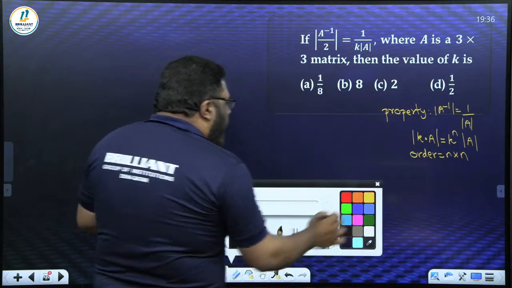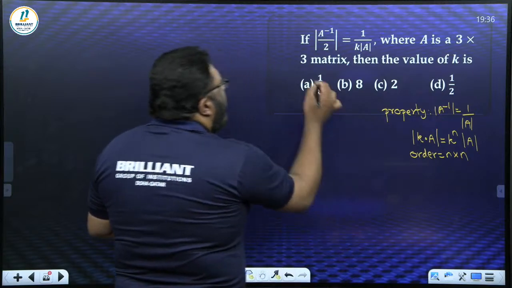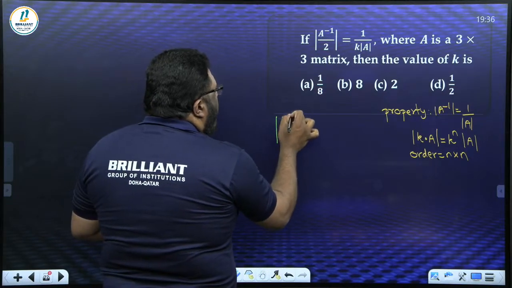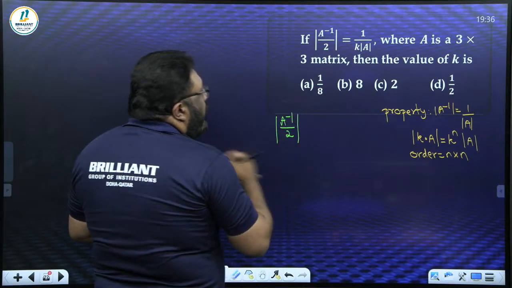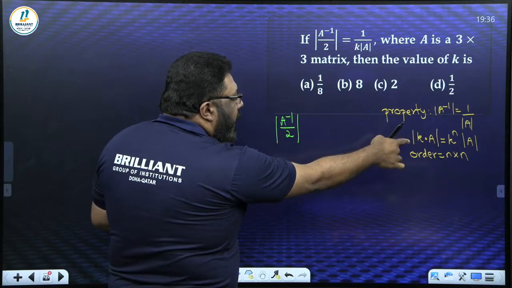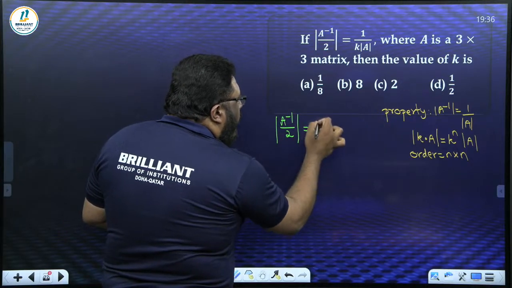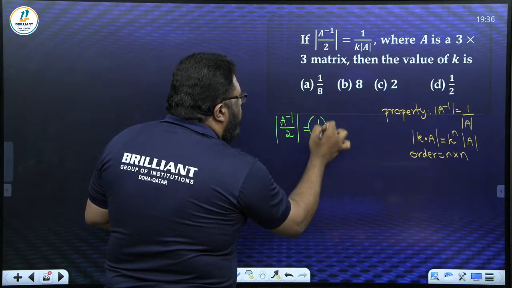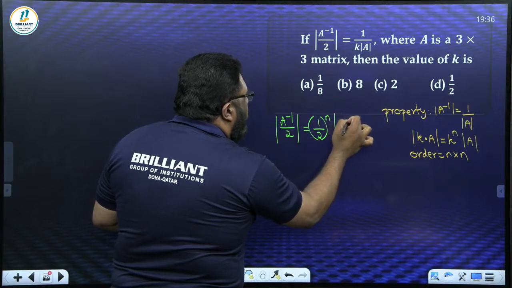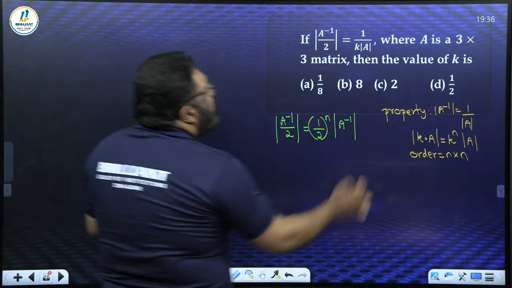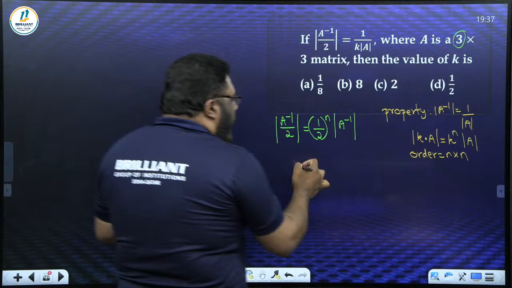So here, can you see that the left hand side is A inverse divided by 2. According to property number 2, this 1 by 2 can come out raised to n and it would remain as determinant of A inverse. Here it's a 3 by 3 matrix, so my n is 3.